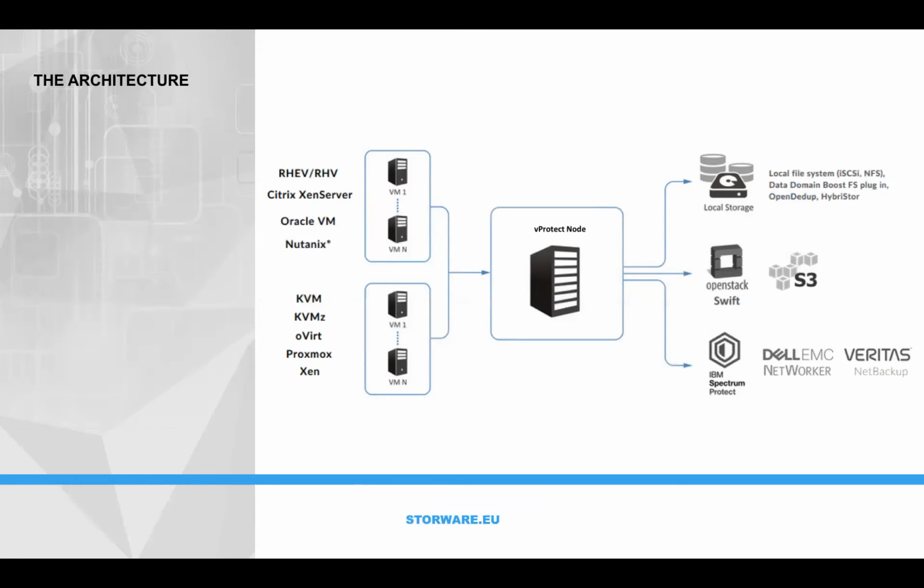So the vProtect itself can work in two modes. It can be a fully independent backup system, but it can also be treated as a proxy to different backup providers, such as IBM Spectrum Protect, Dell EMC Networker, or Veritas NetBackup. So we have really strong alliances with these technology partners.